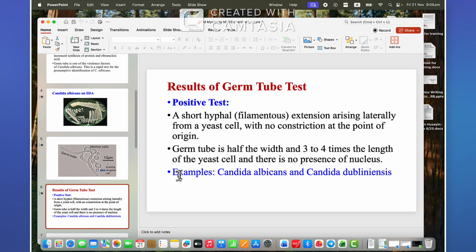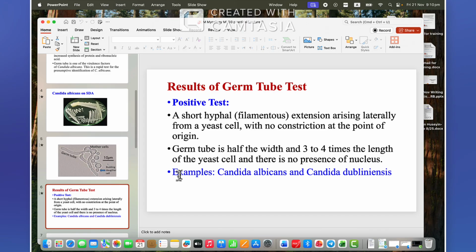As for the result of the germ tube, after incubation, under the microscope, you take a drop of the serum on a clean slide and cover it with a cover slip. You will find short hyphal filaments arising from the yeast cell with no constriction at the point of origin, of course.